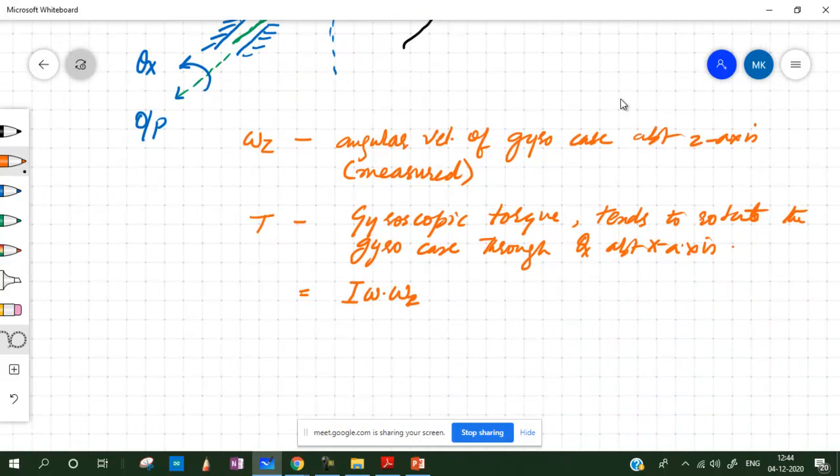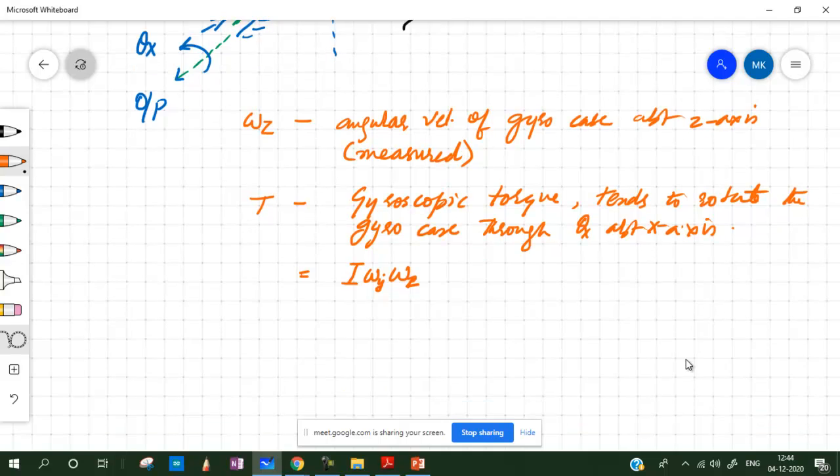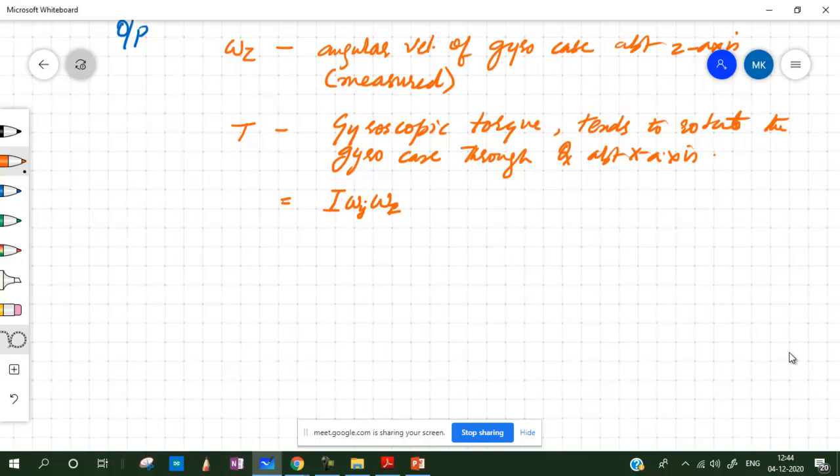So this will be I omega y times omega z, because I omega y into omega z was equal to tau. We have seen that earlier. Here I is the moment of inertia of the disk about the spin axis, or you can say the y axis, and omega y is the spin rotation, or angular velocity of the rotor. The output is theta x.